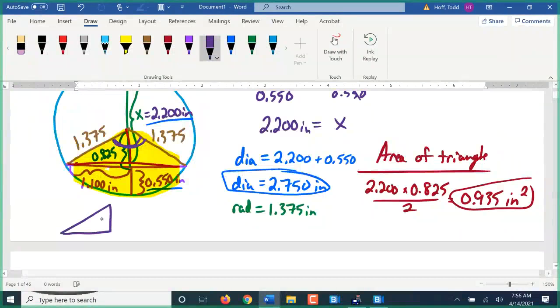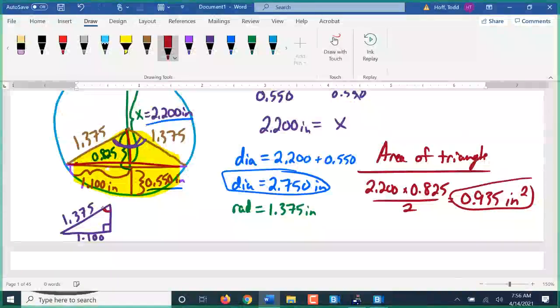That right triangle that's half of that, right? It is this angle up here. What trig function am I using? Opposite and hypotenuse. It is sine. Sine is equal to 1.1 over 1.3.